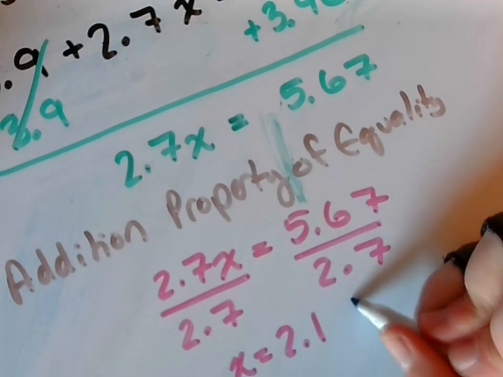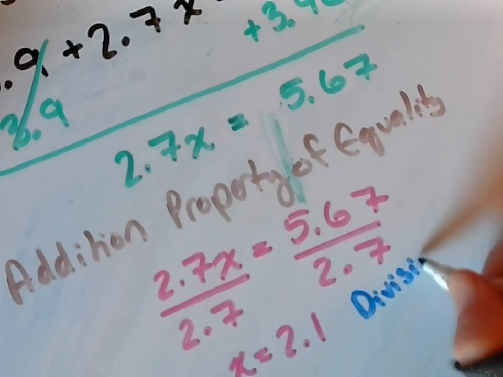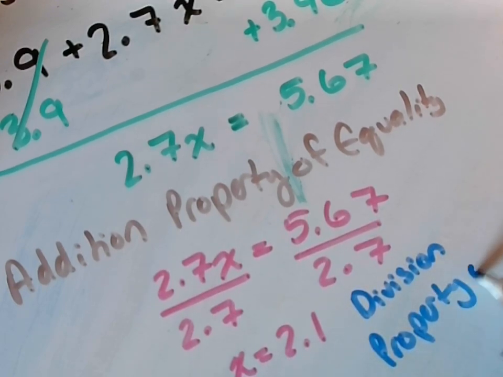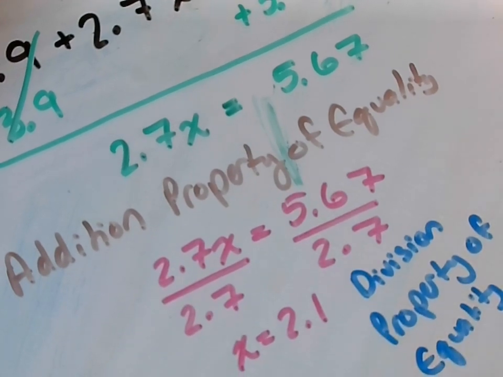We used the division property of equality. It's that easy. If we added, we used the addition property of equality. If we divided both sides, we used the division property of equality. Now, your properties of equality only apply when you are doing it to both sides of the equation.